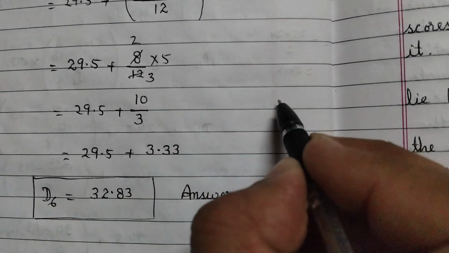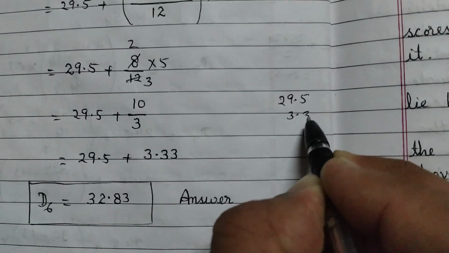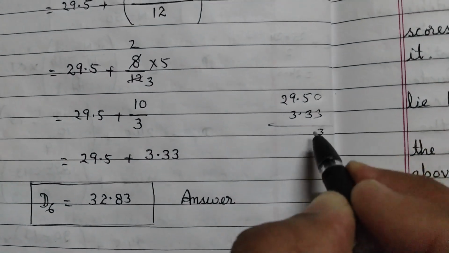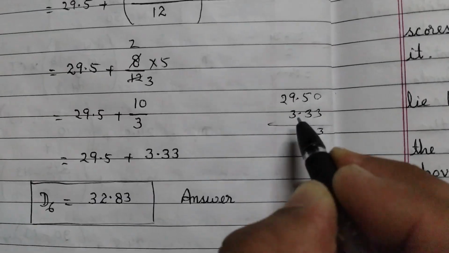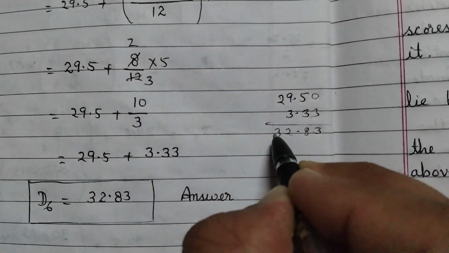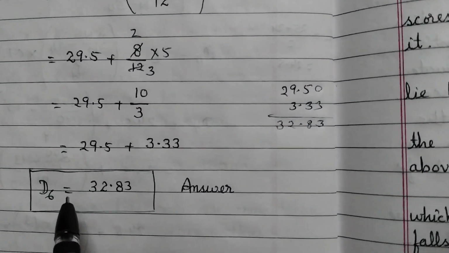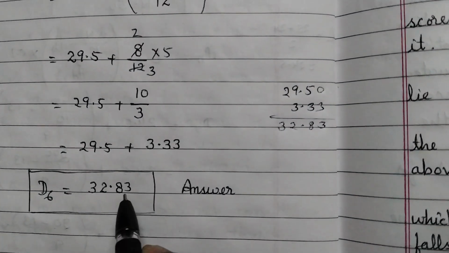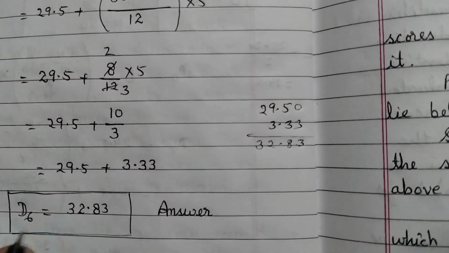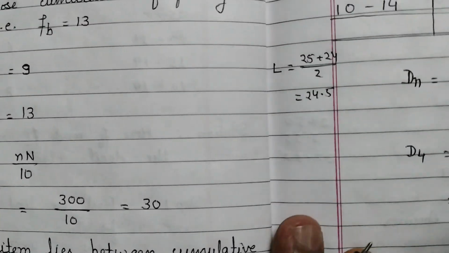So adding 29.5 and 3.33: 5 plus 3 is 8, 9 plus 3 is 12, carry 1, 1 plus 2 is 3. So 32.83. So D6 is equal to 32.83. In this way I have calculated D6 and D4 for the given values.